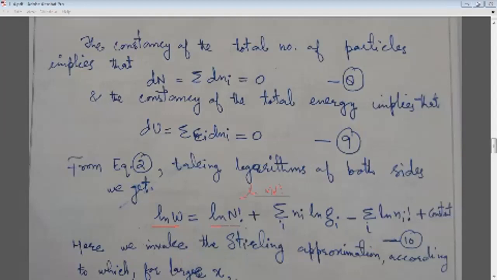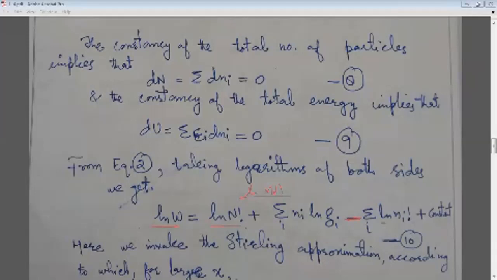Similarly, we have taken equation second and taken the log on both sides. So we have written it as ln of N factorial plus summation ni ln gi. But it is divided by ni factorial, so if it is divided, then it will be minus summation, with the logarithm function here, ln of ni factorial.